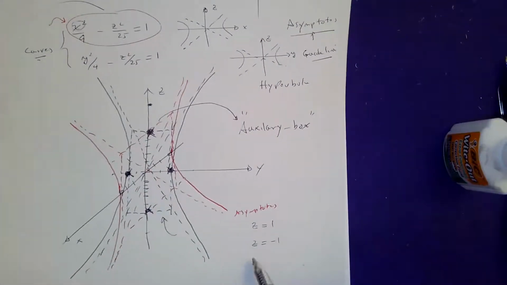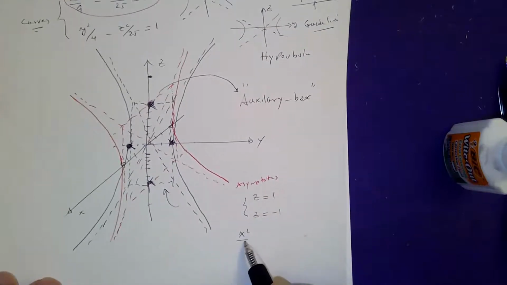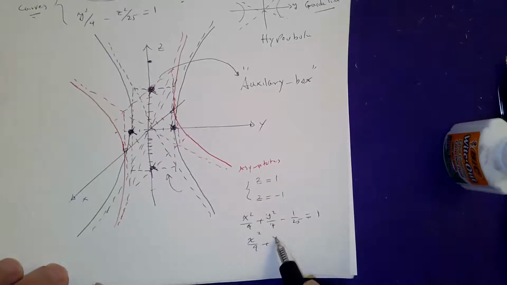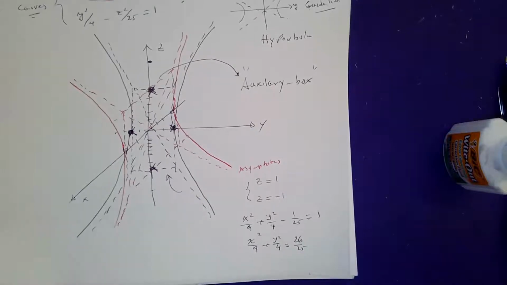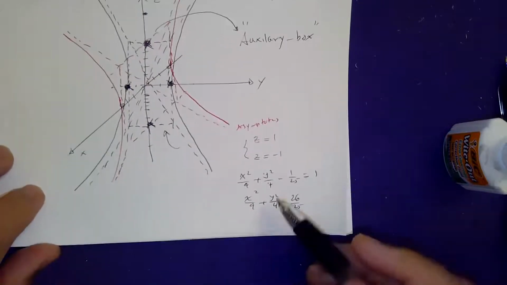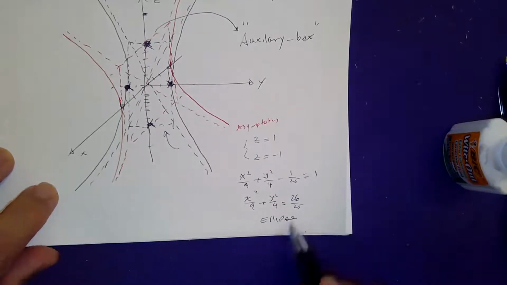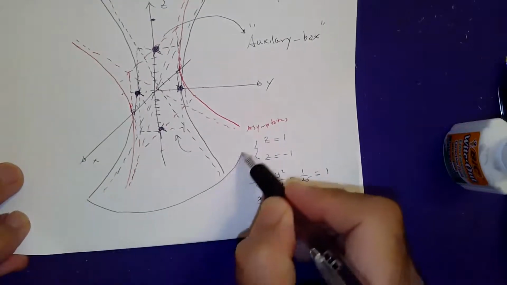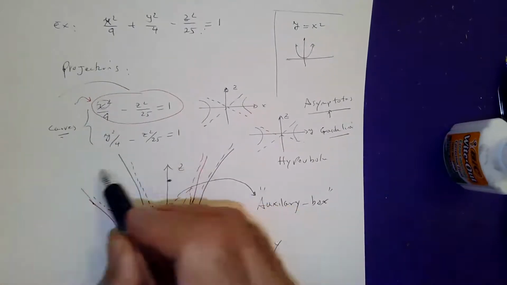If you replace the z's with plus or minus 1, you get x squared over 9, y squared over 4, minus 1 over 25, equals 1. So you get x squared over 9, y squared over 4 equals what? 26 over 25. Okay, I don't really care about these numbers. I just want to show you, hey, the graph is still an ellipse. So draw the ellipse then. Here is one of them, and here is the other one.